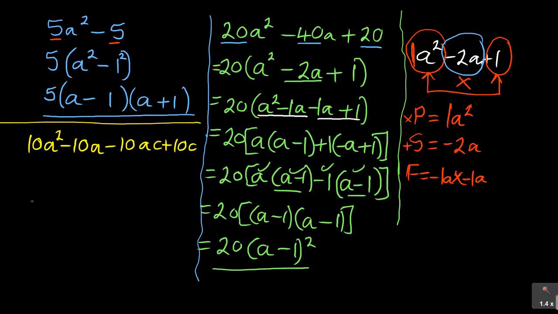So I can choose to take the first two and the last two, and just to see what's common there. So in the first two, 10 and 10 are common. So I'm going to take out 10, as well as a squared and a, I'll take out a. So 10a squared, it's more like I'm dividing. Remember 10a squared is 10a times a over 10a.